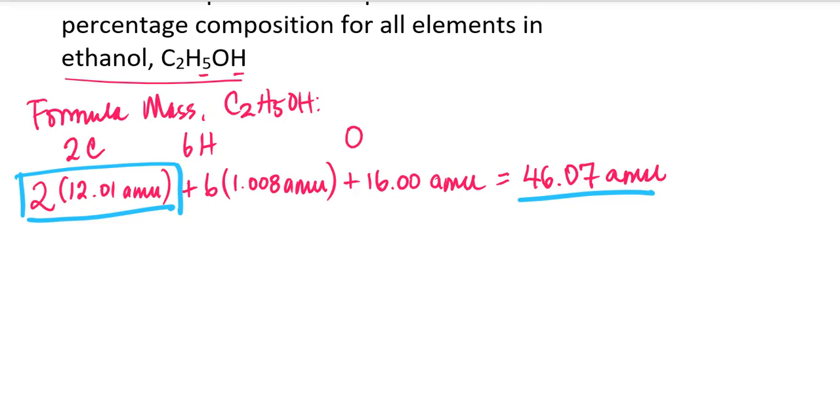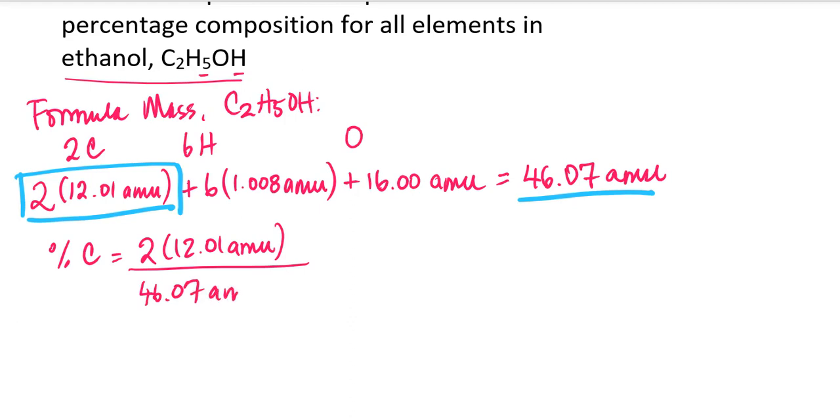So, for example, if I wanted to determine the percent composition for carbon, I would take 2 times 12.01 atomic mass units, divide by 46.07 atomic mass units, and since I'm trying to find a percent, I would multiply this ratio by 100. If I do that, I end up with a percentage of 52.1% carbon.